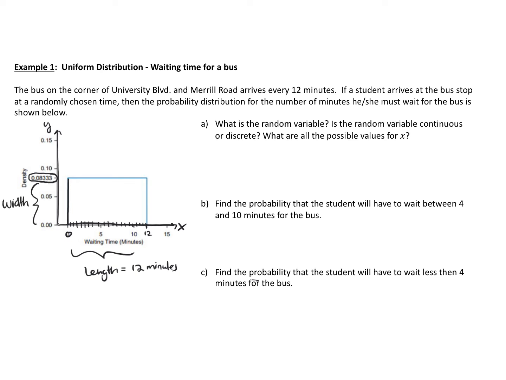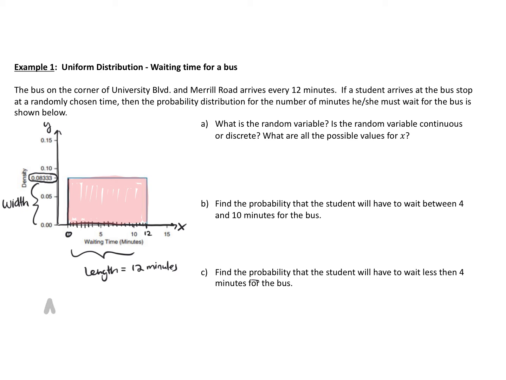Well, we said that probability corresponds with an area under the curve. So if we think about the total area of this rectangle, hopefully you can see that the entire area of the rectangle is going to have to equal 1. The total probability is going to be 1.